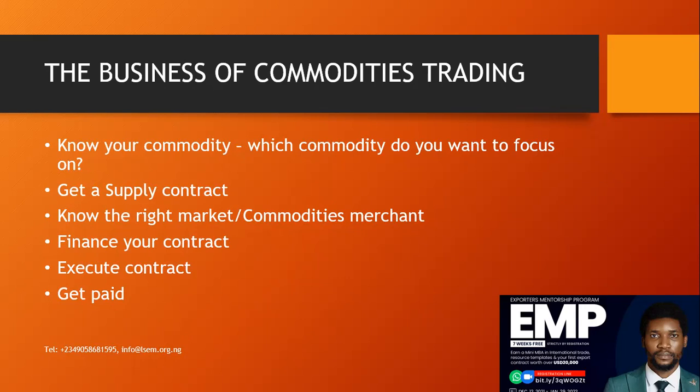Then know the right market. Just like we just saw, in all those regions we were mentioning in Nigeria, for instance, like Southwest, South, Southeast, and all that, there are different states in them. And apart from all these states, there are different markets in each state.